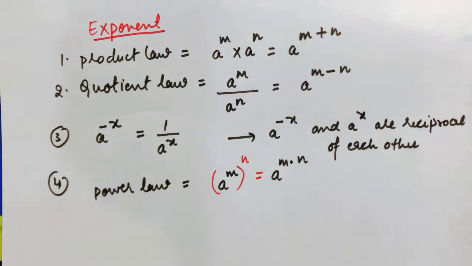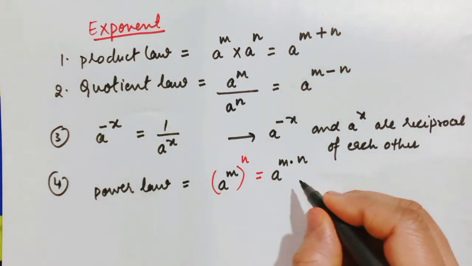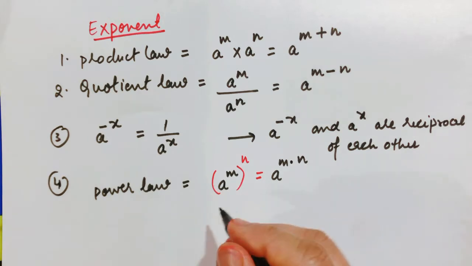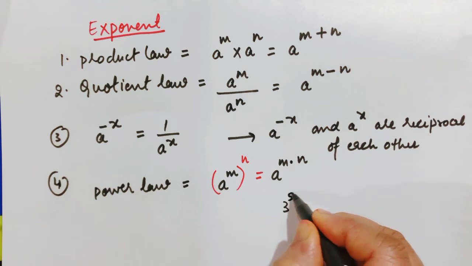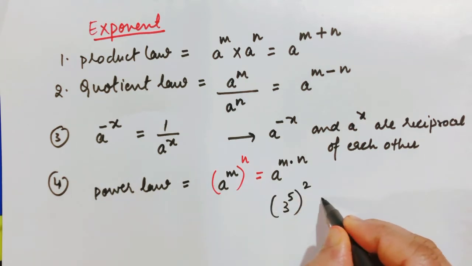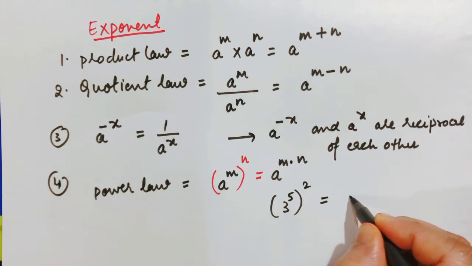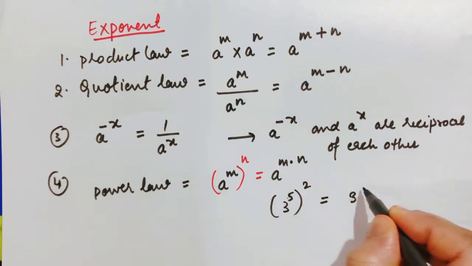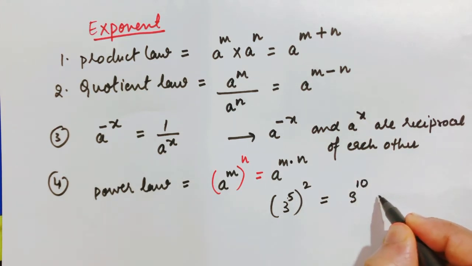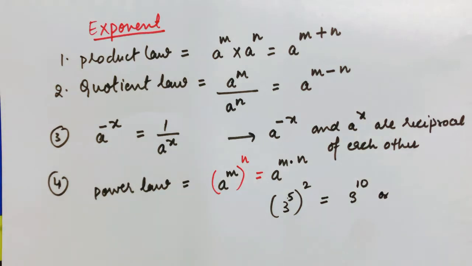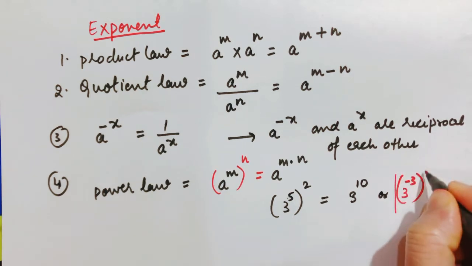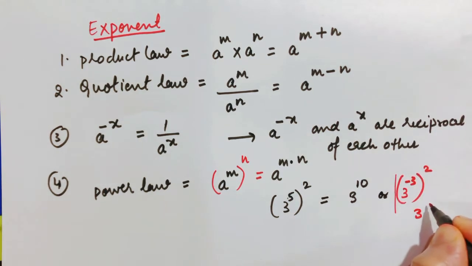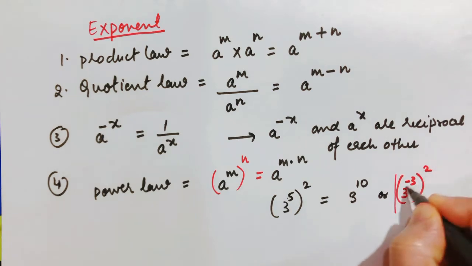Similarly, जैसे फॉर एग्जाम्पल ले लिया जाए 3 to the power 5, 3 to the power 5 का होल स्क्वायर will be equal to 3 to the power 10, या नहीं तो 3 to the power माइनस 3 पर अगर स्क्वायर लगा दिया जाए तो 3 to the power माइनस 6.